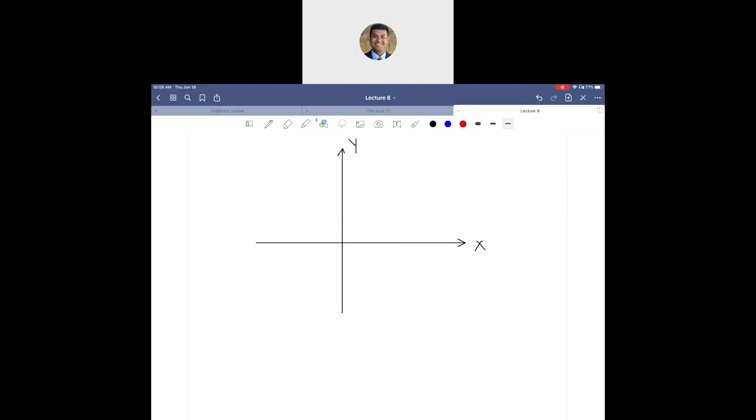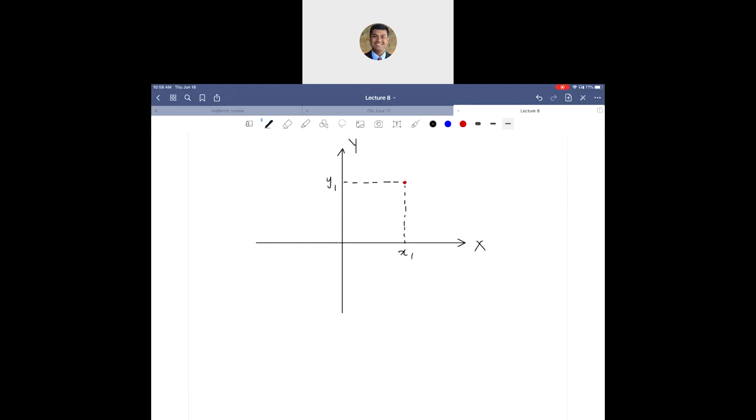If you have a point, any point over here, you can express that point by projecting it onto the x-axis and projecting it onto the y-axis. Say you have x1 and y1, right?